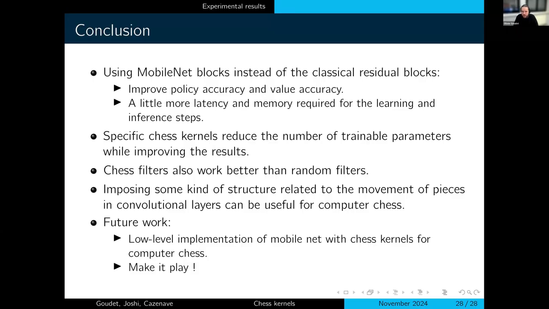And, for example, the MobileNet architectures and also the chess kernel are not implemented with CUDA in this framework. So what we have to do is to implement it, and also allow loading all the weights that we have trained in the architecture.